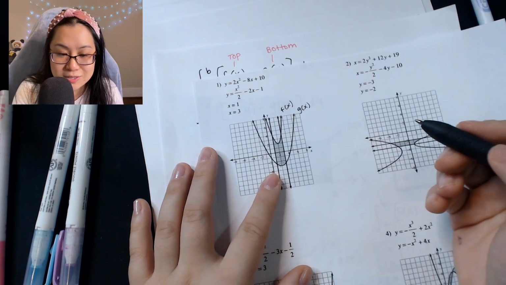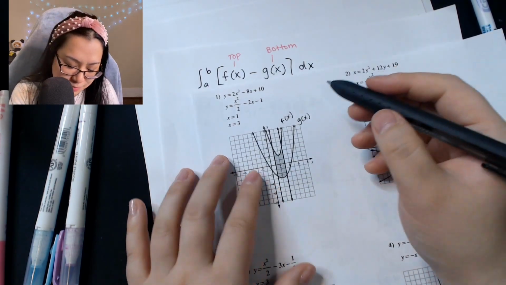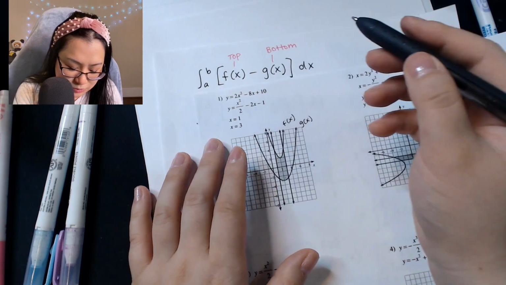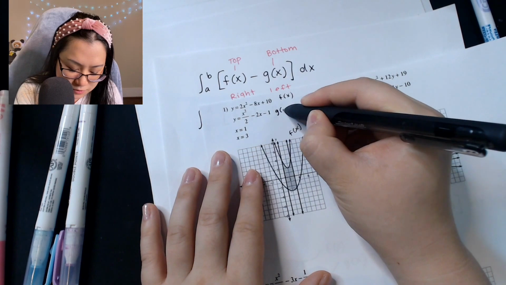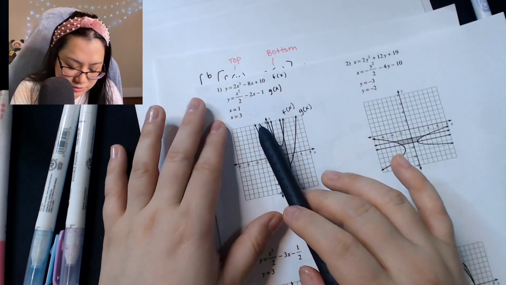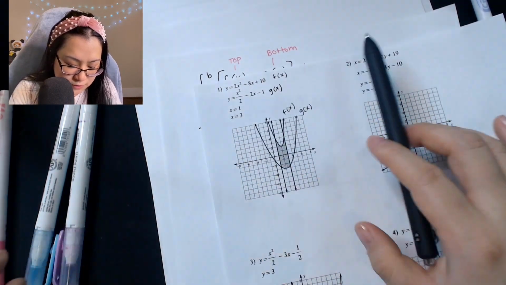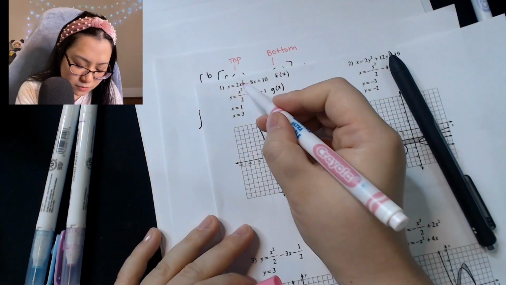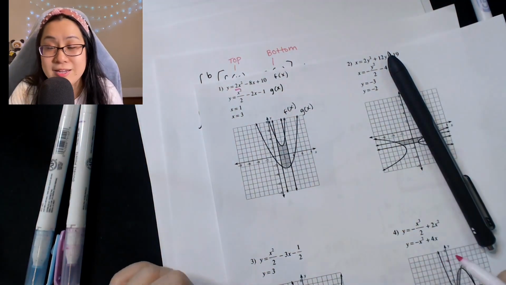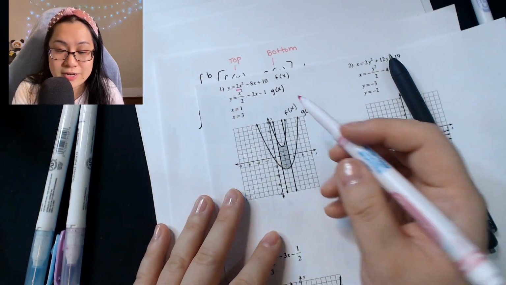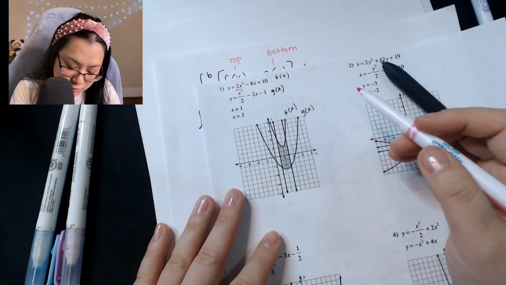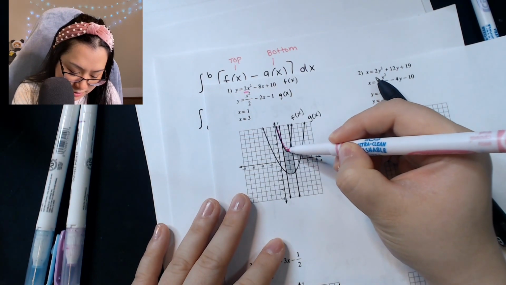Well, no, that's always true, because the top one's f of x, but by that I mean this one is our f of x, and this one is our g of x, because of this coefficient here. When you factor out an a, and then you complete the square and all that, your coefficient will be this 2, so that means this is a more narrow one.